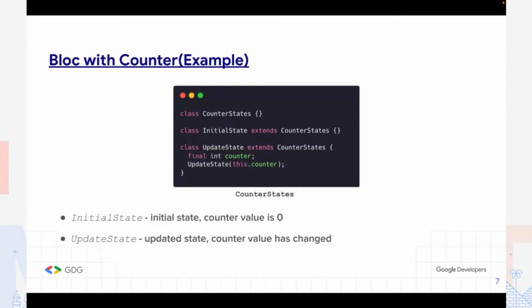It can be an incremented update or decremented update. These are the two states for our counter block. So we have two events and two states. Initial state is when the counter value is 0, and update state is when the state is updated and the counter value has changed, either incremented or decremented.